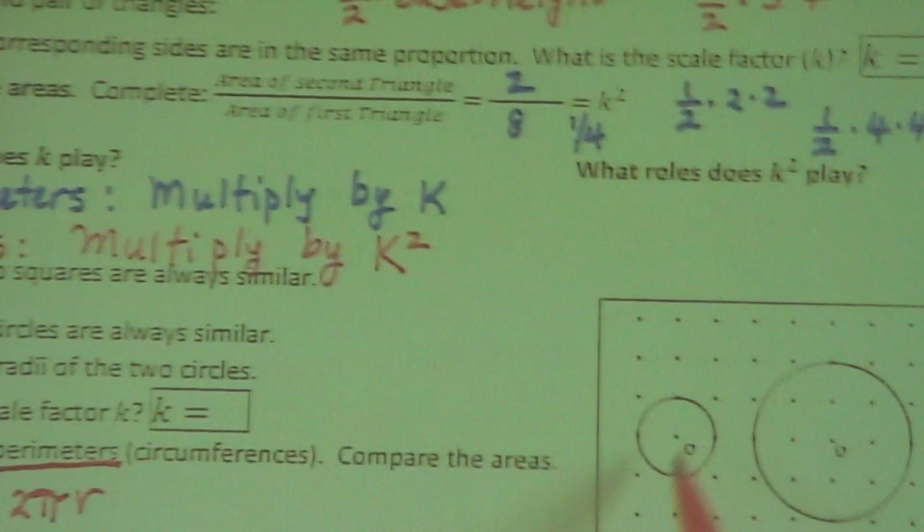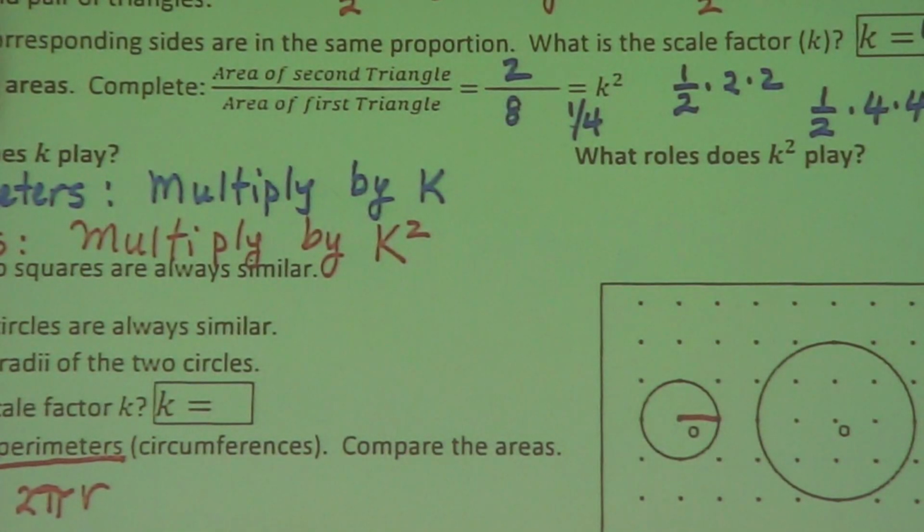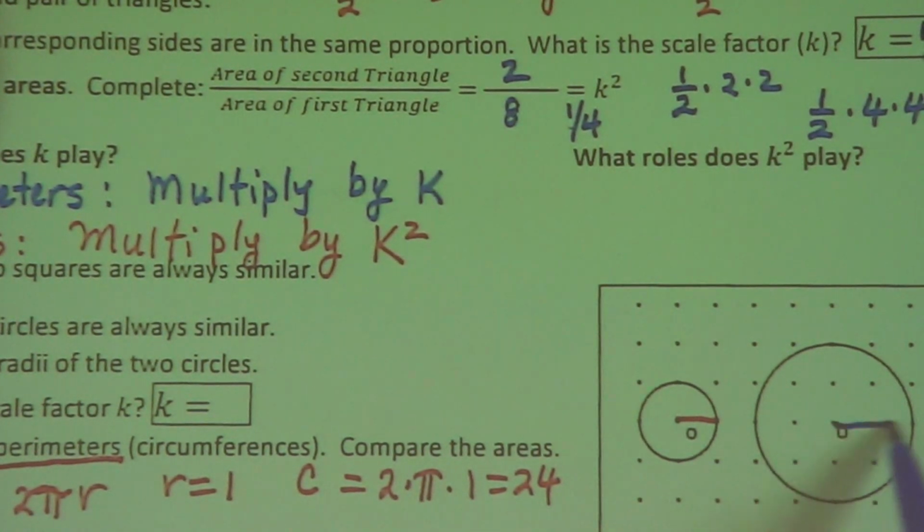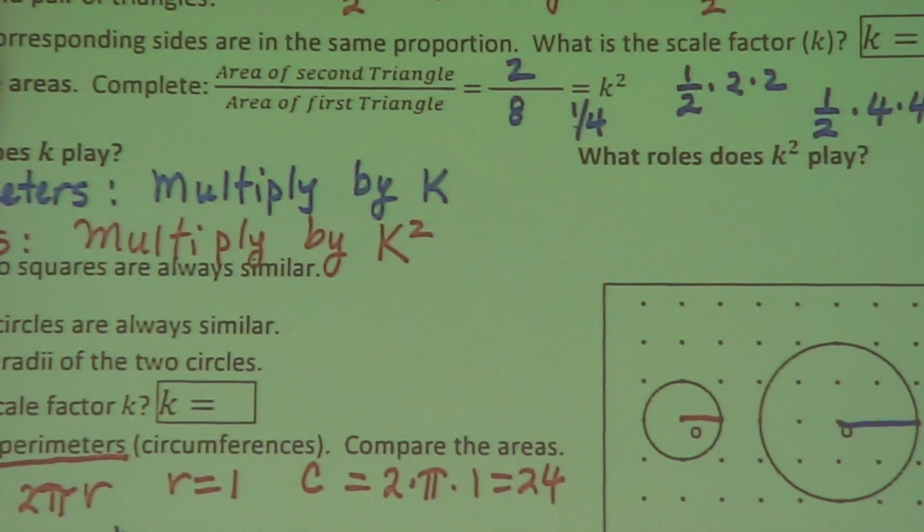So if this radius is 1, the circumference will be 2 pi. And this radius is 2. Your circumference will be 2 times pi times 2. This is 2 pi. And this will be 4 pi.